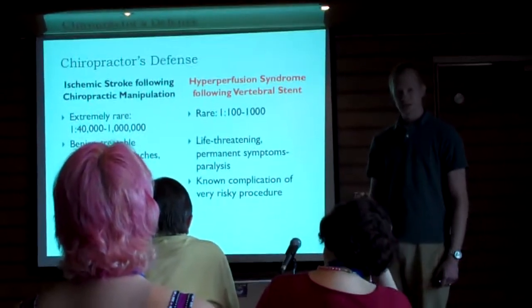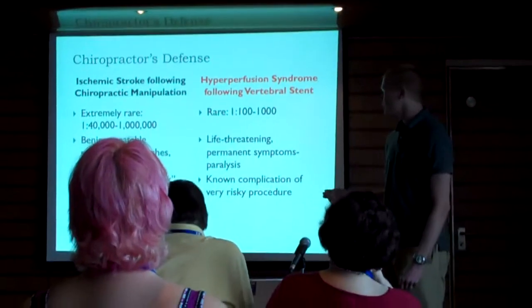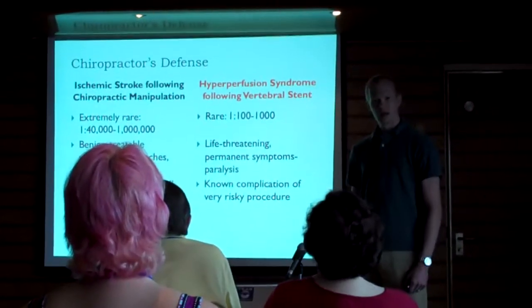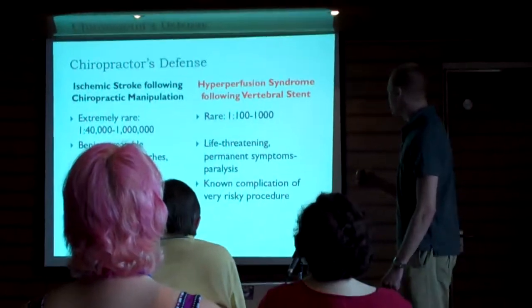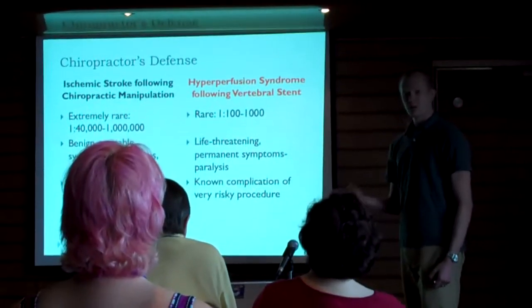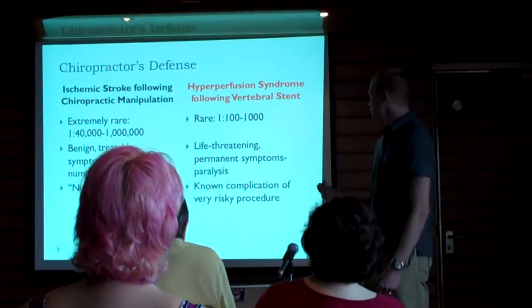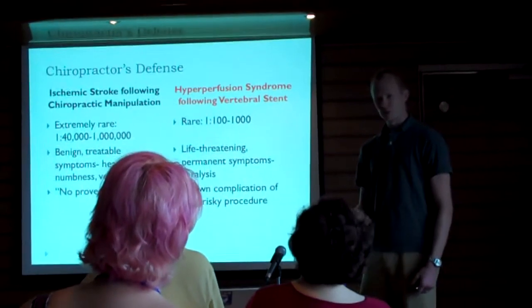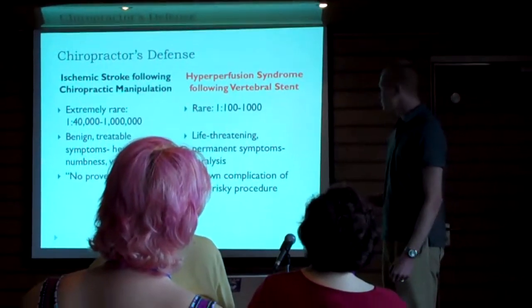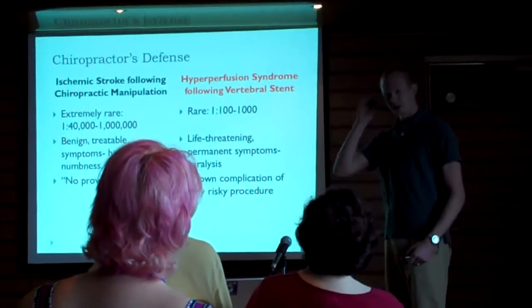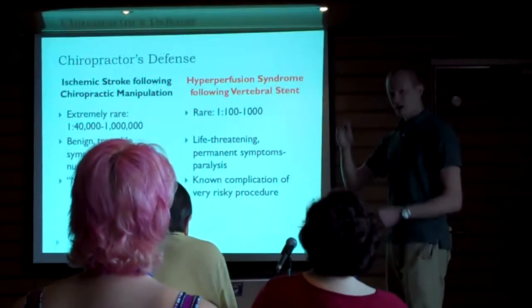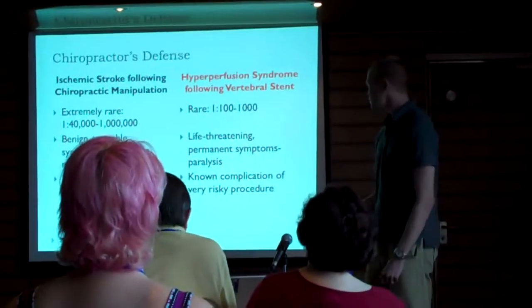It hasn't been extensively studied, but the studies that are done say it's 1 in a million, 1 in 40,000 at best. Whereas with hyperperfusion syndrome, it's rare, but it's not that rare. A lot of people that get these stents placed, about 1 in 100 will get hyperperfusion syndrome. 1 in 1,000 will actually get the mass effect where the blood compresses all the structures in the brain.